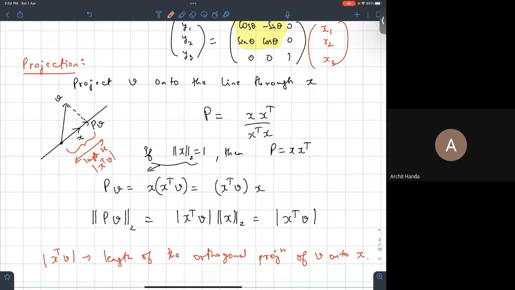So you can look at this dot product as the length of an orthogonal projection.